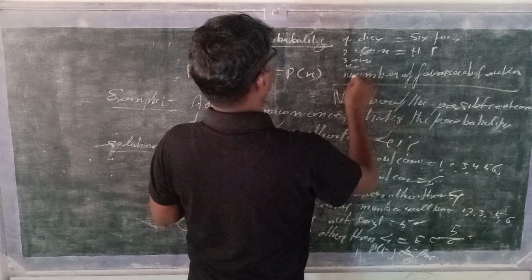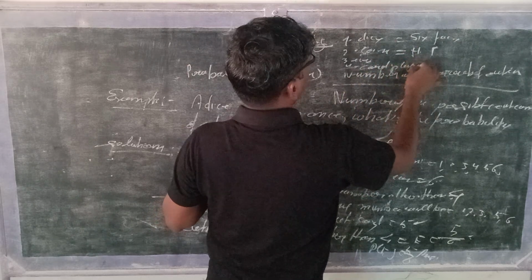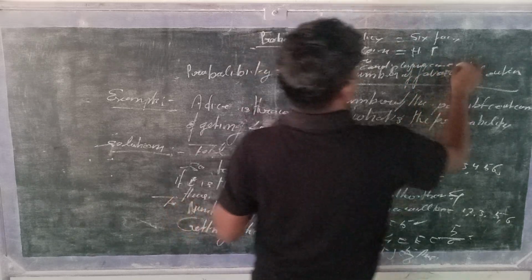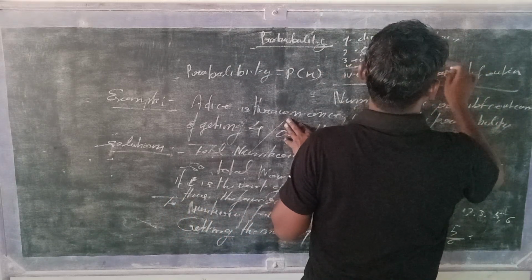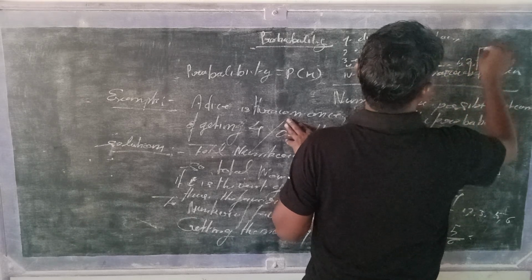Fourth, playing cards. The number of all cards is 52, divided into 4 parts.